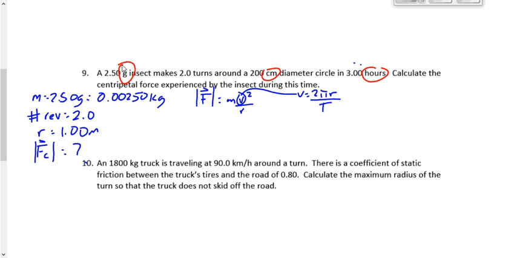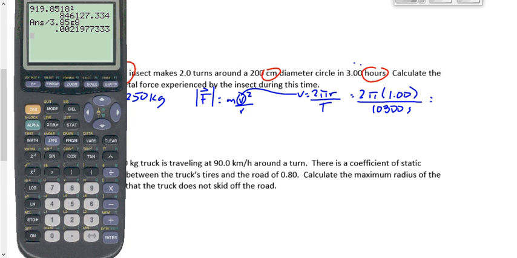Yeah, it's a little t. 3 hours, which by the way works out to be 10,800 seconds. Multiply by 60, multiply by 60 again. Okay, we can do this now. 2 times pi times 1.00 divided by the time of 10,800. That's going to give me speed.